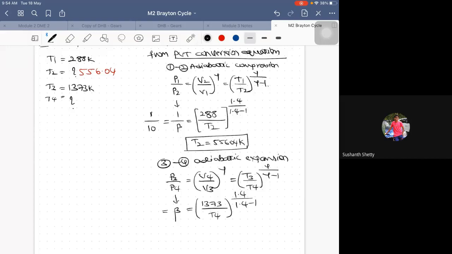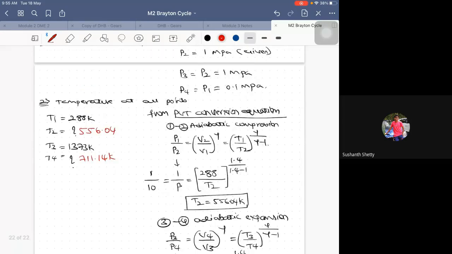The beta value is 10. Now give me the value of T4 in Kelvin. 711.14 Kelvin. So I would just write it here, 711.14 Kelvin.